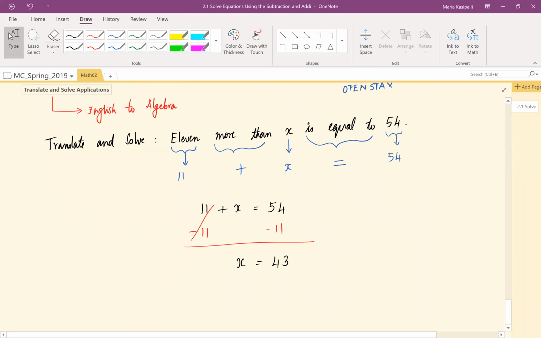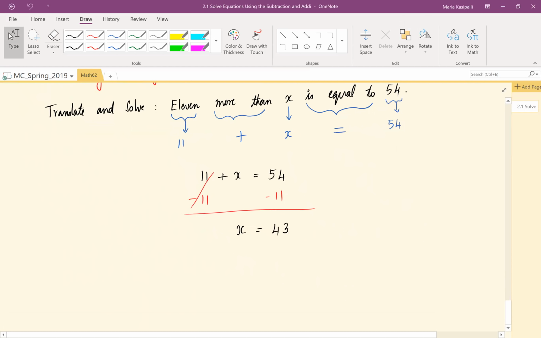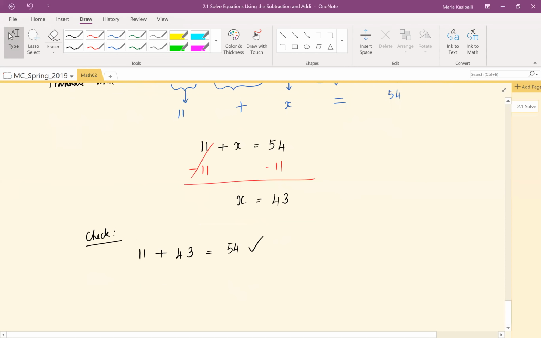So 11 more than 43, is that equal to 54? Yes, 11 plus 43 is equal to 54, which gives us the answer. Okay. So come back and say this implies x equals 43.